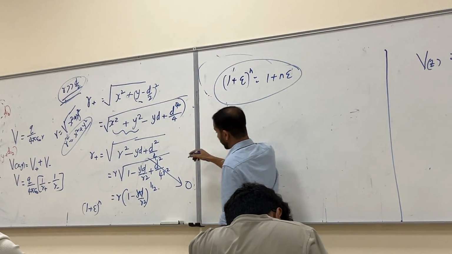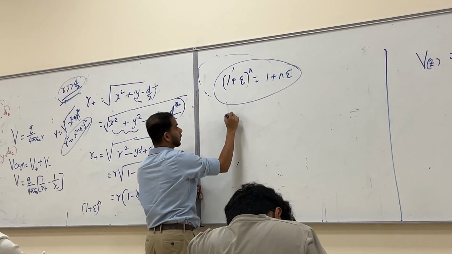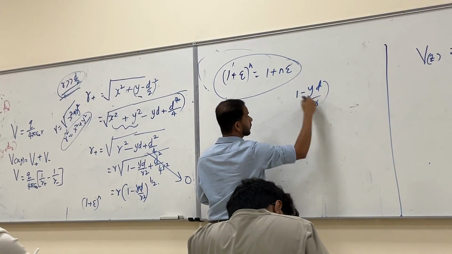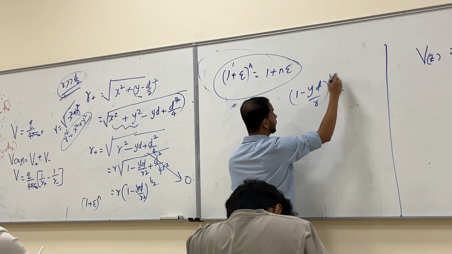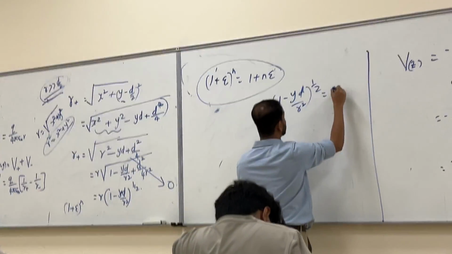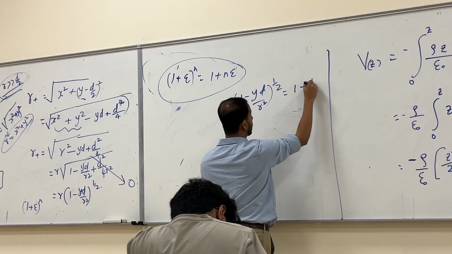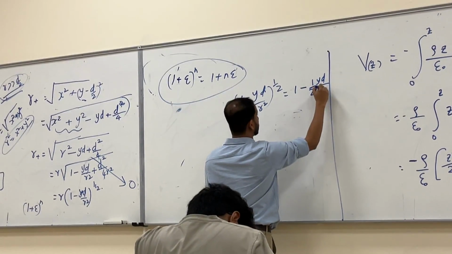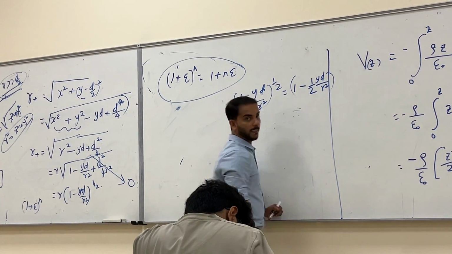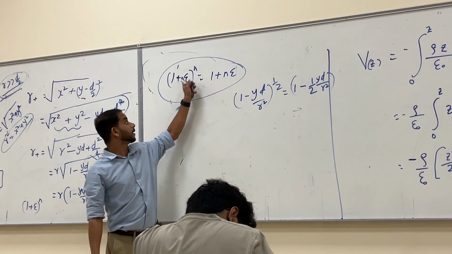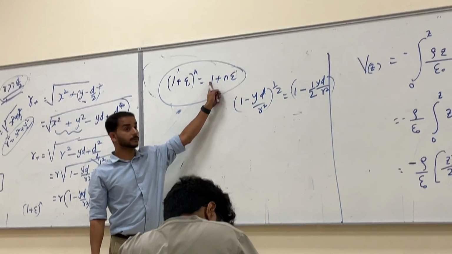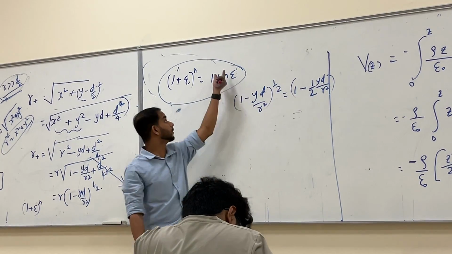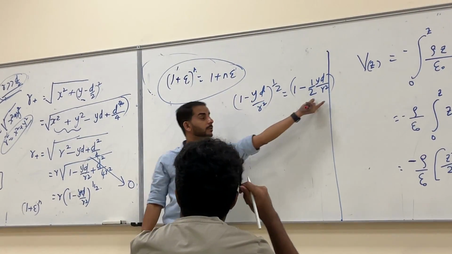Similarly, if I have this one, 1 minus yd over r square root, I can write 1 minus half yd over r square. Like 1 plus epsilon power n is 1 plus whatever the power is, into the term, whatever the epsilon is here. So this is an epsilon, correct?